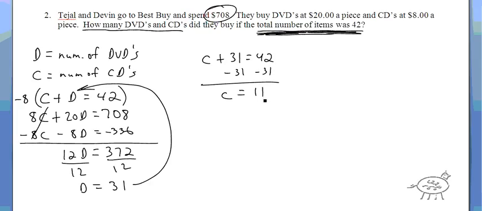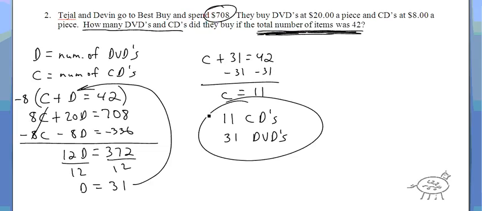There we go. Now, of course, we need our final answer. And this is actually really easy because it's a quantity. You can just say 11 CDs and 31 DVDs because there's no real units on there, and that's your answer. Okay, very simple.